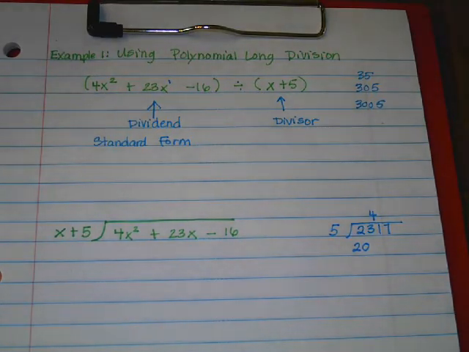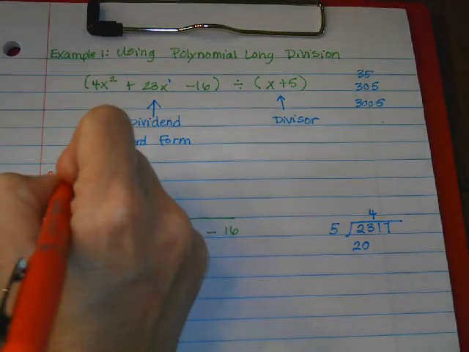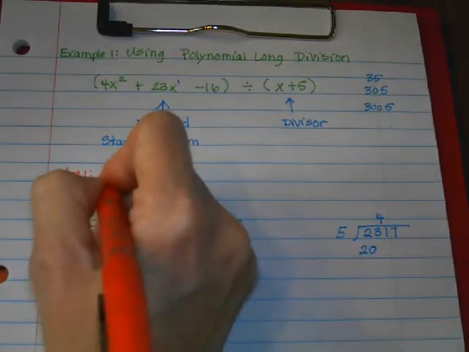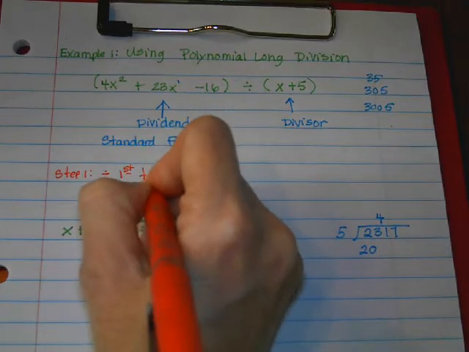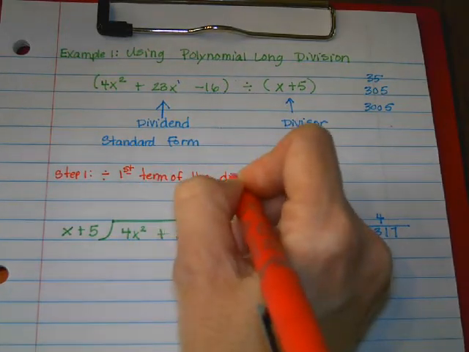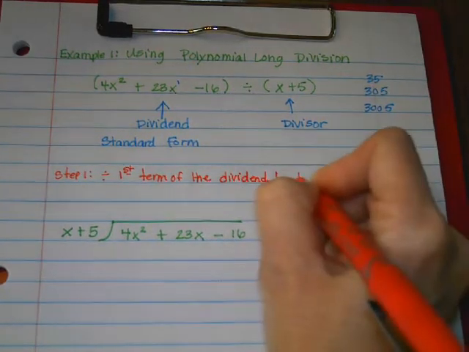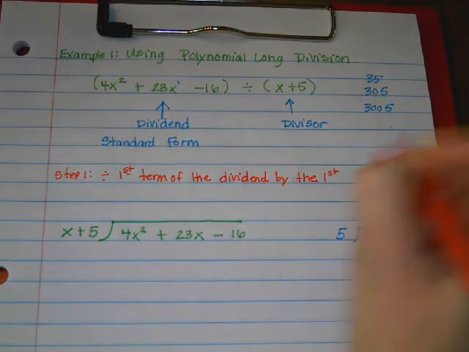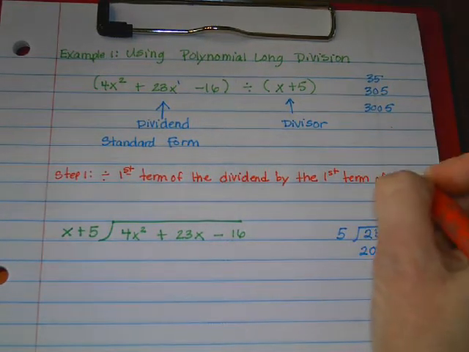So when you're doing polynomial long division, step 1, let me change a pen up here real fast. I want to keep these colors separated. Step 1, you're going to divide the first term of the dividend by the first term of the divisor.